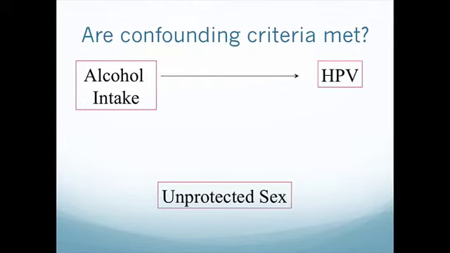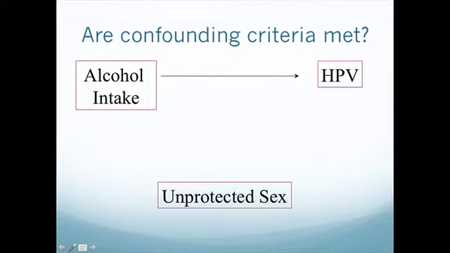One more example. Say you wanted to do a study to find out whether alcohol intake, probably higher alcohol intake, is a risk factor for HPV. And you start to go through your confounding criteria. You start to wonder, is unprotected sex some third factor that I need to address because it's masking the true relationship that I want to see between alcohol intake and HPV?